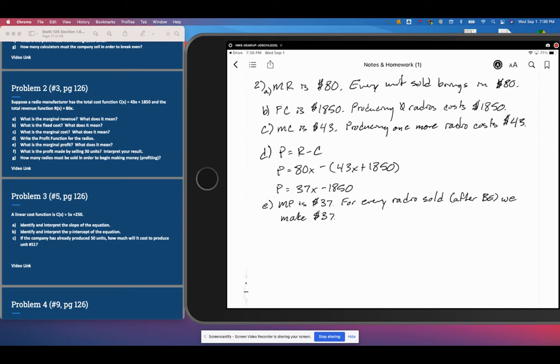So part F, what is the profit made by selling 30 units? Let's interpret the results. So for selling 30 units, we're going to use our profit function. We're going to be putting 30 in for x.